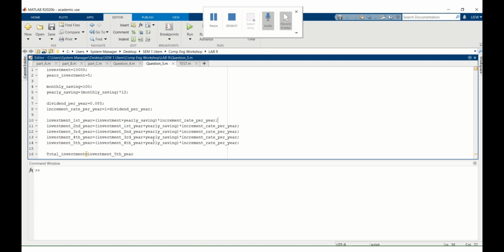So we keep adding all the dividend, all the monthly saving, and then finally we find the fifth year total investment. So we can find out that the answer will be 22,751 ringgit Malaysia. So this is what Afika has.